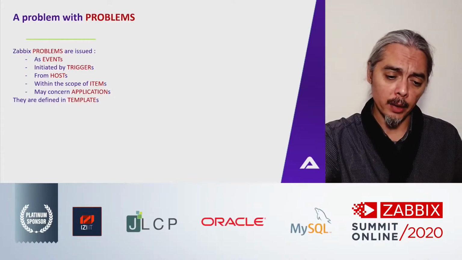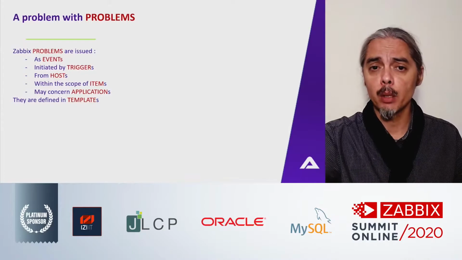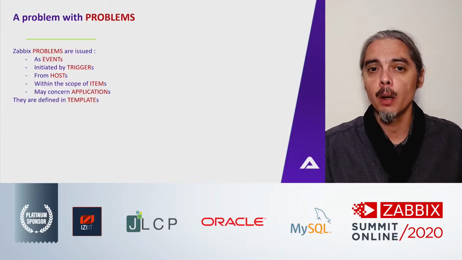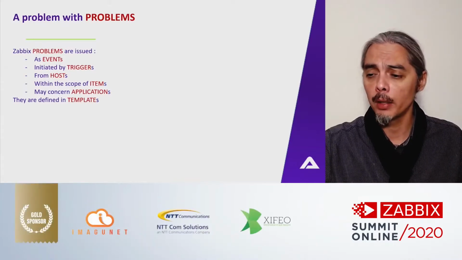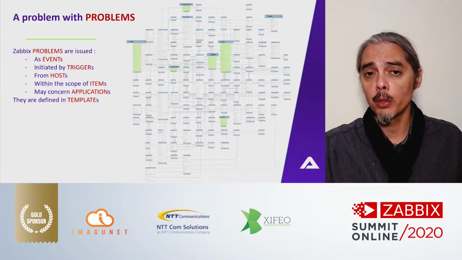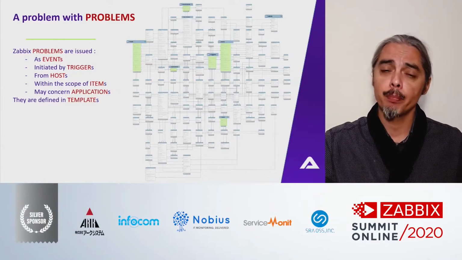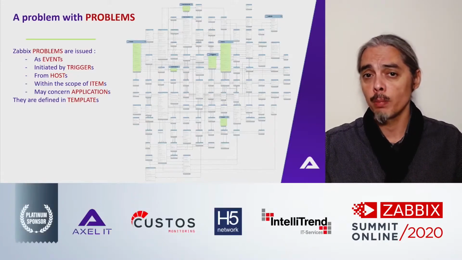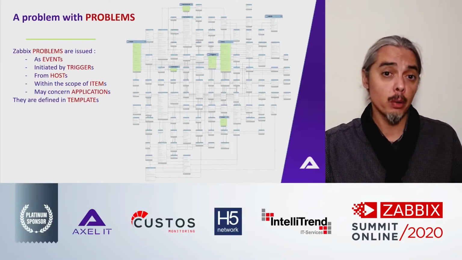To do that, it quickly becomes complex because problems are not actually something that's easy under Zabbix. So I'll give you a quick run on that. You have a data model, and within that data model, you have templates. Templates hold items. Items give values and metrics. Those metrics are checked with triggers.